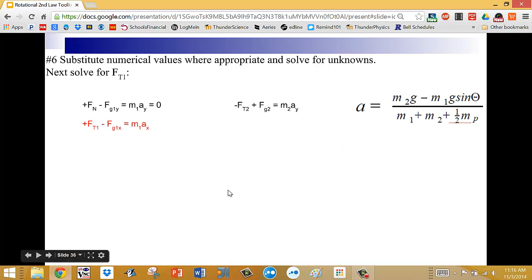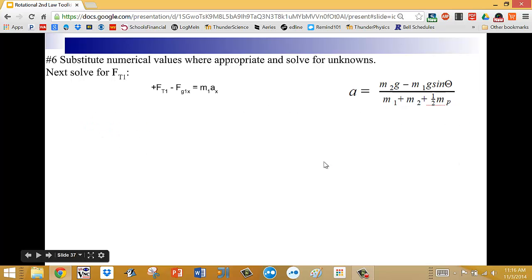And what I can do now is use one of my equations to solve for Ft1. I'm going to combine this acceleration with one of my other equations, specifically this equation because it has Ft1 in it. I'm going to plug that acceleration into that acceleration because, again, we said that this system acceleration is going to be the same as that acceleration for mass m1.